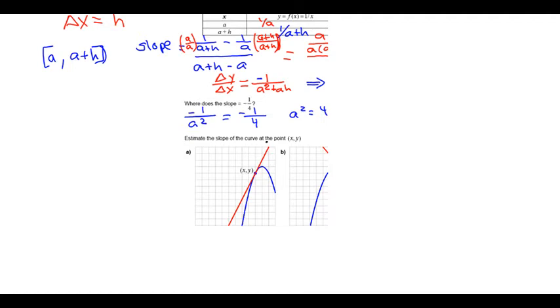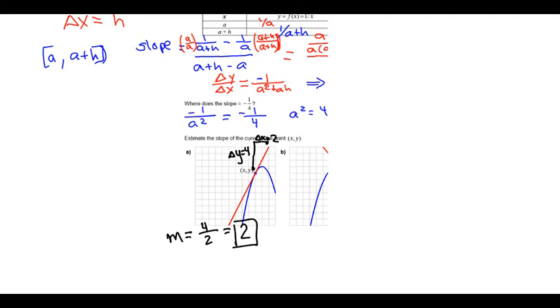So find 2 points on the line and then find the change in y over the change in x. So our change in y is 4 and our change in x is 2. So our slope is equal to 4 over 2, which is 2.